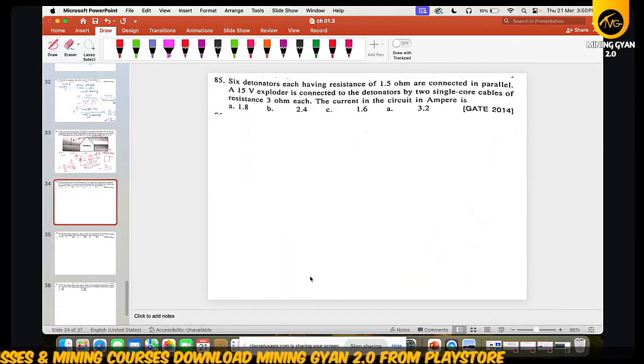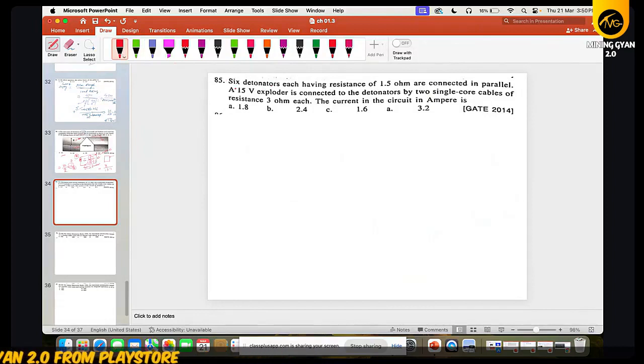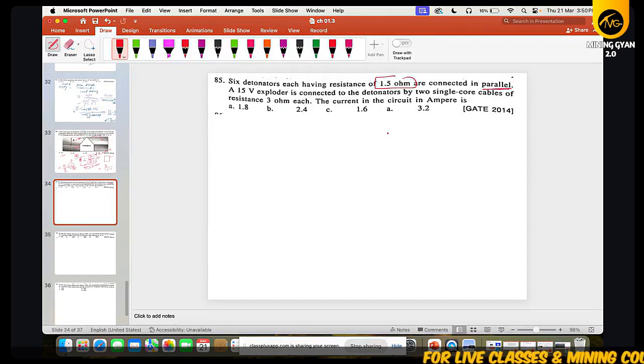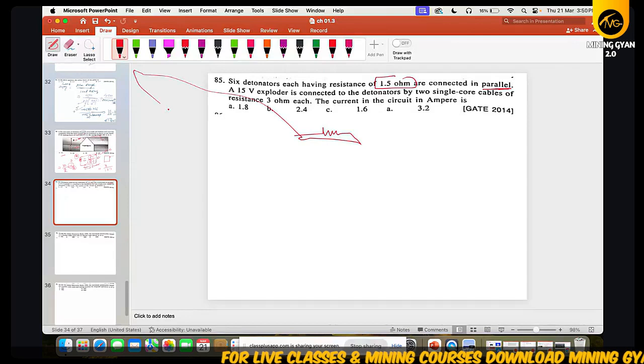Okay, come to 85. In this question they have provided us 6 detonators, each having the resistance of 1.5 ohm. Okay, in the parallel, you should know what is the parallel, what is the series.